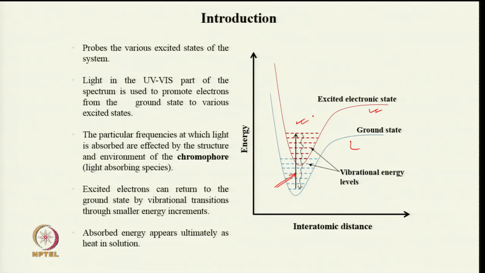Electrons in the excited state can return to the ground state by vibrational transitions through small energy increments. So, they will first come to here and then they can also come back to the ground state.